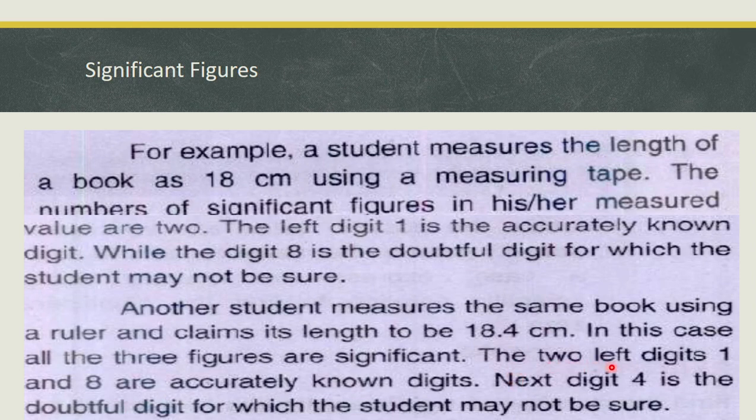So the left two digits 1 and 8 are accurately known, and the next 4 is the doubtful digit for which the student may or may not be sure. Maybe next time when he or she measures it, it will be 18.5. After this point, he or she may not be sure.